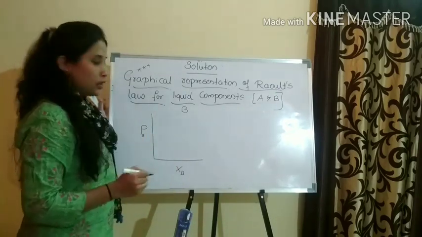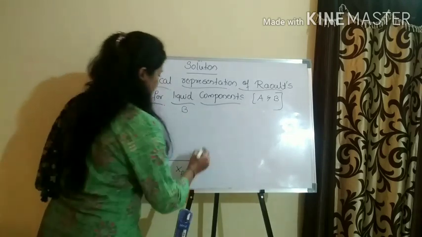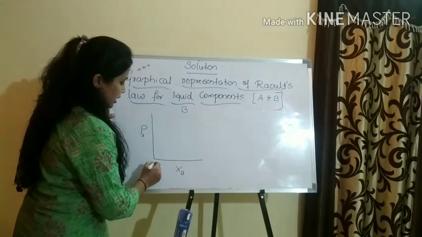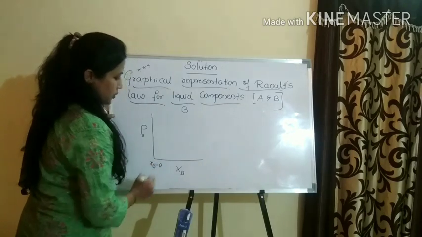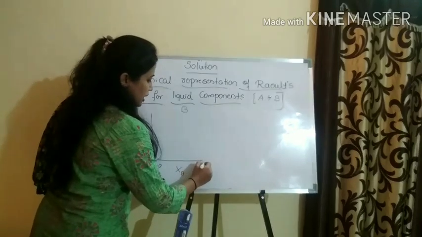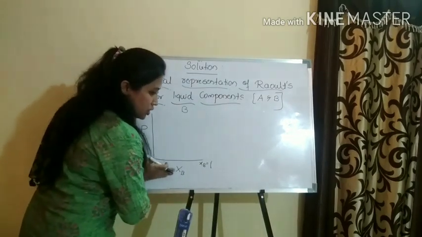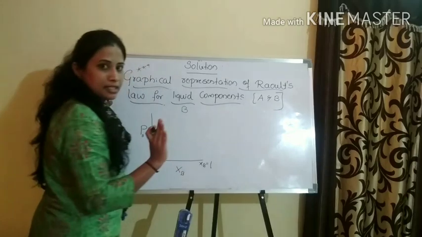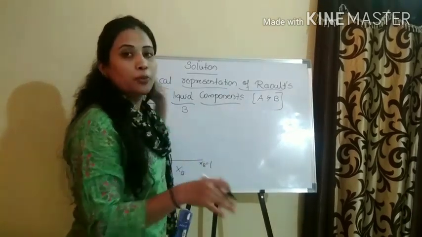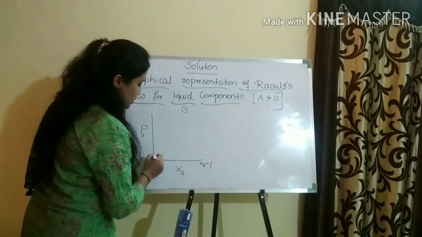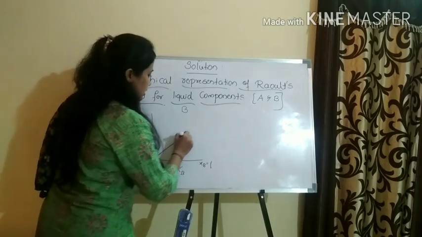Now see what is happening. Initially xB equal to 0, and here let us take xB equal to 1. As the mole fraction of component B increases, the vapor pressure also increases. So it's a linear function like this.